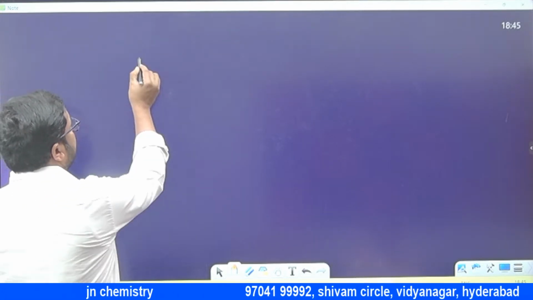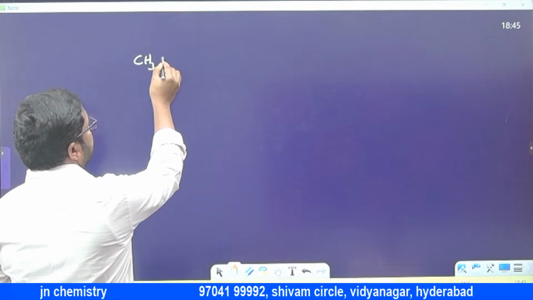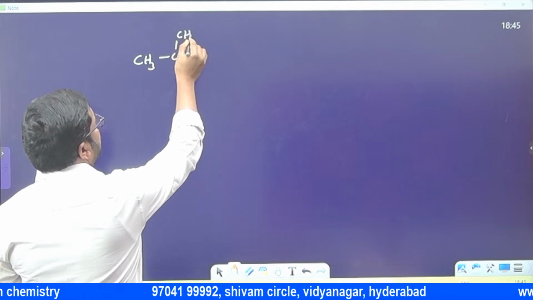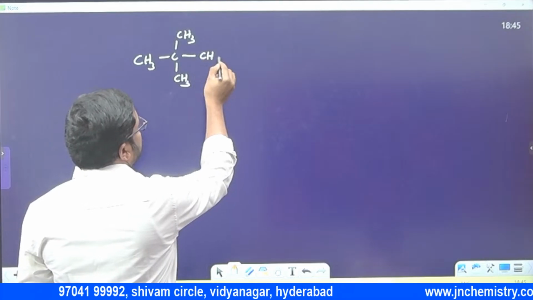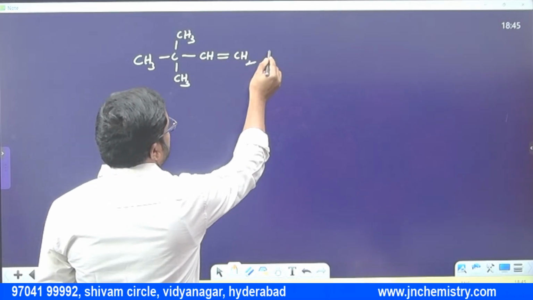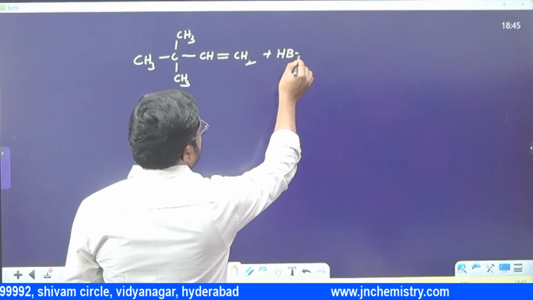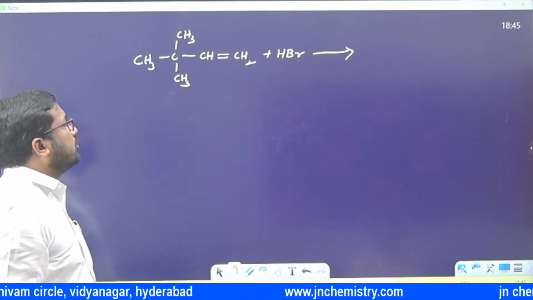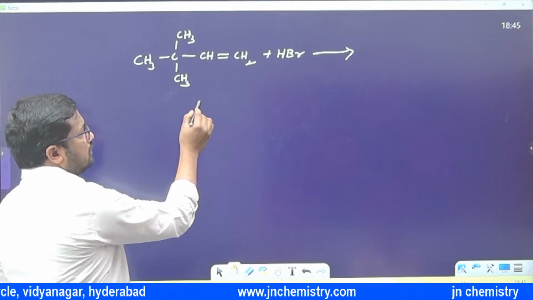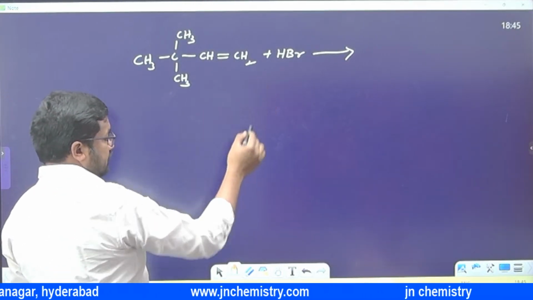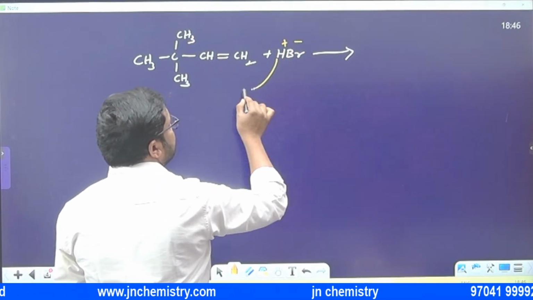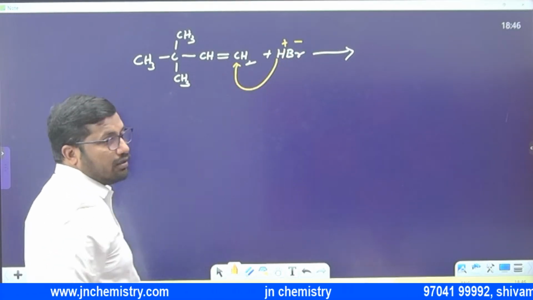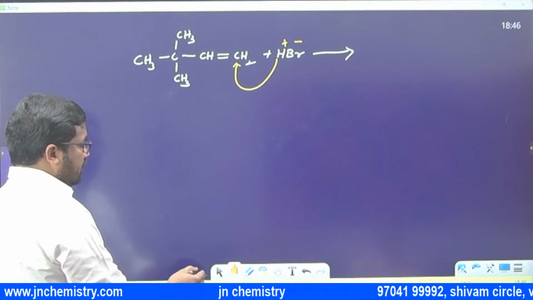Next question, a methyl shift is taking place now. In this case, what exactly happens? First, H plus plus Br minus; H plus comes and attacks over here, and we'll get the carbocation over here, right?